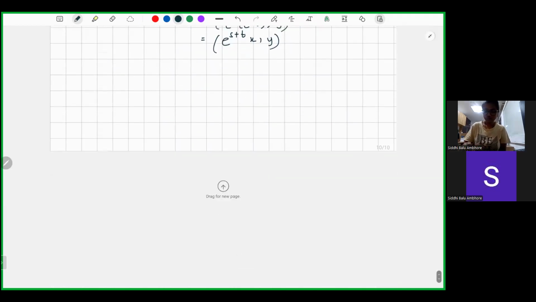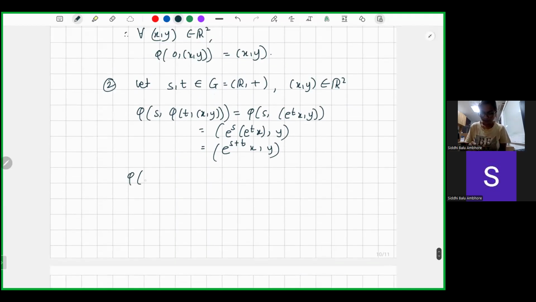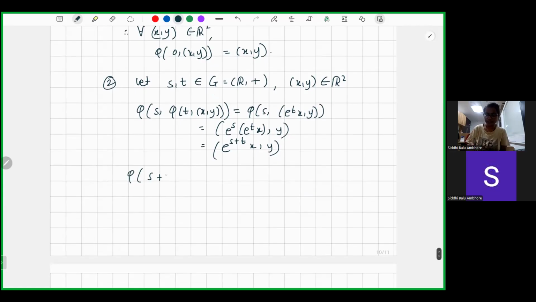Now phi of s t, but in R plus we are talking about, so this multiplication is actually addition.